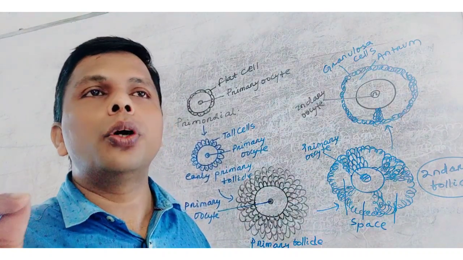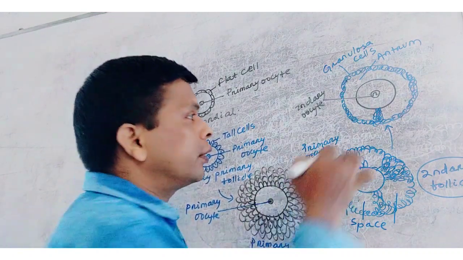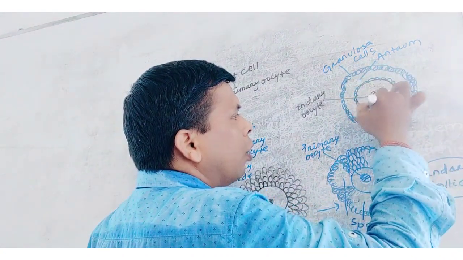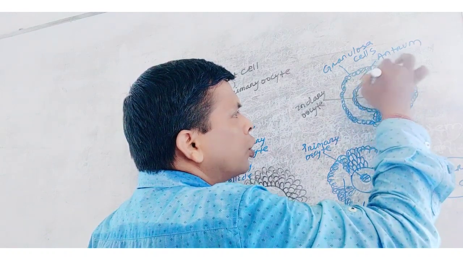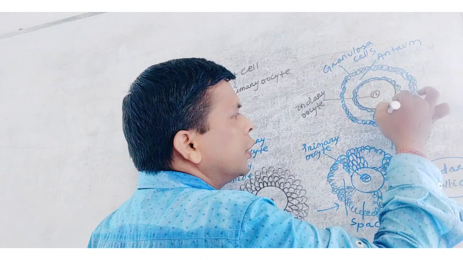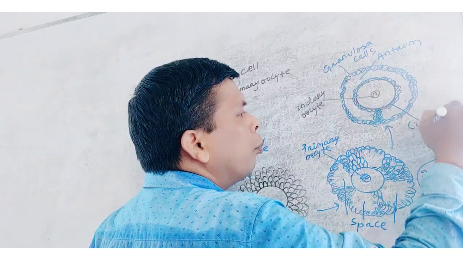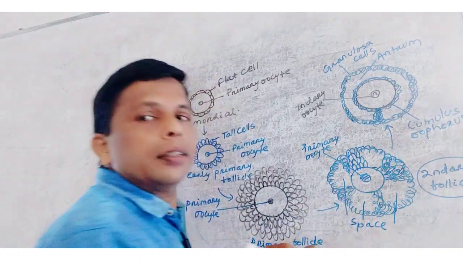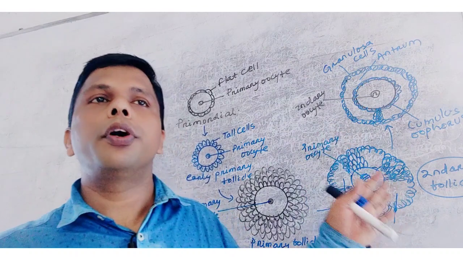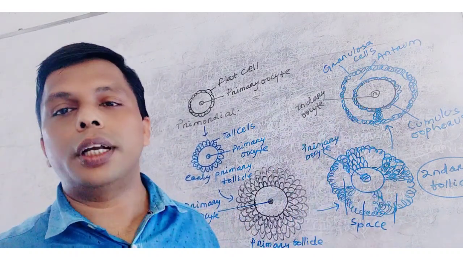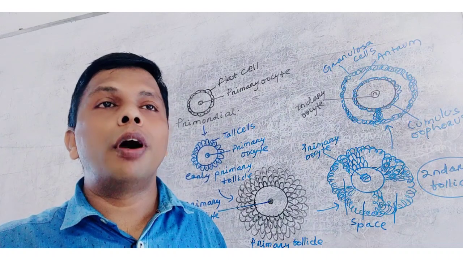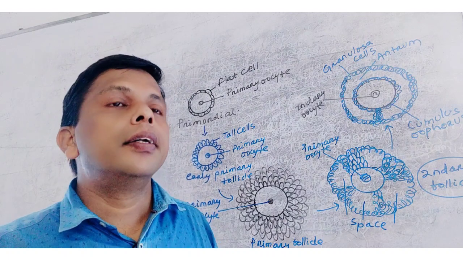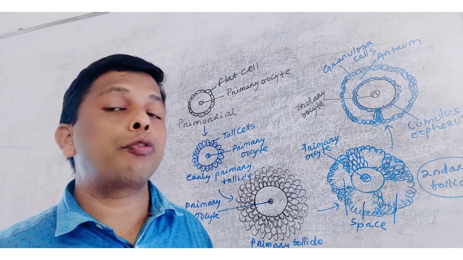Some cells also exist around the follicle. These cells are called the cumulus oophorus. Antrum, cumulus oophorus, secondary oocyte. So it is all about the follicles prior to the Graafian follicle. So let's discuss the Graafian follicle.